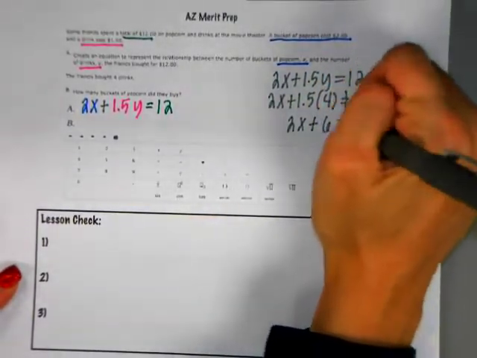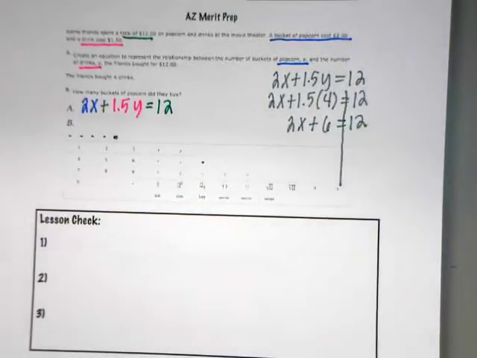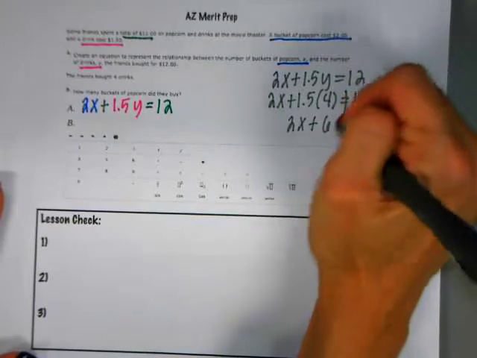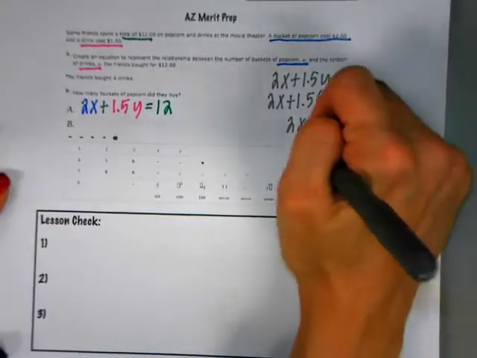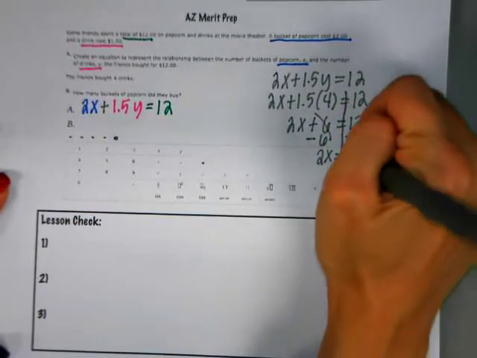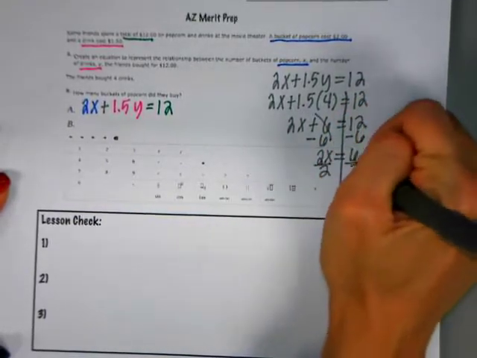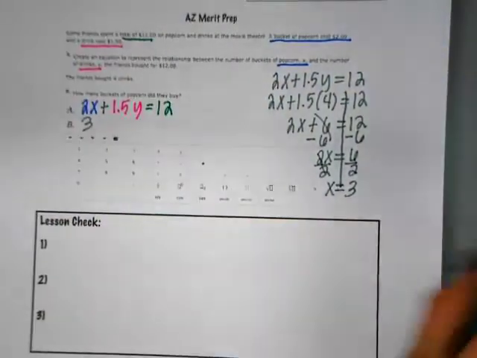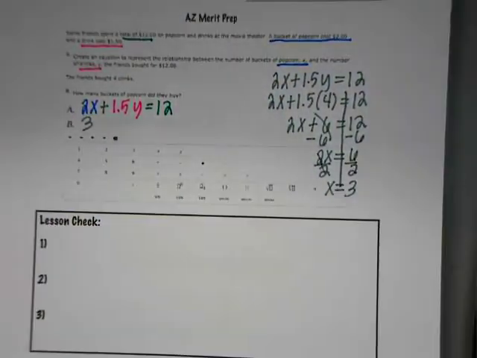Yeah. Okay, and then how would I solve that? Yep, subtract 6 first. 2x equals 6, and then divide, so what do I get? Yep, 3. So our answer is 3. Perfect.